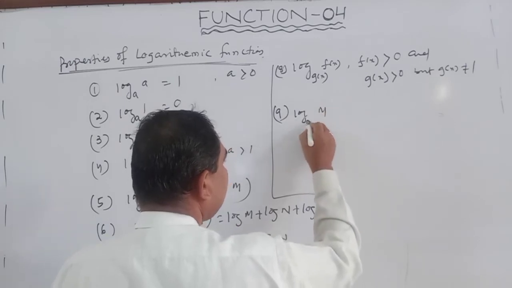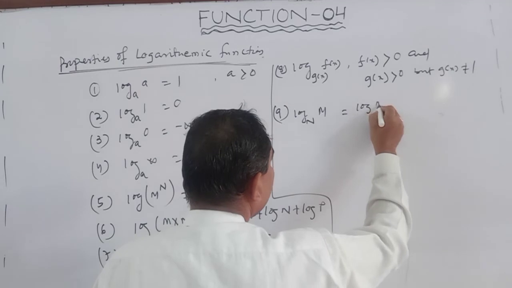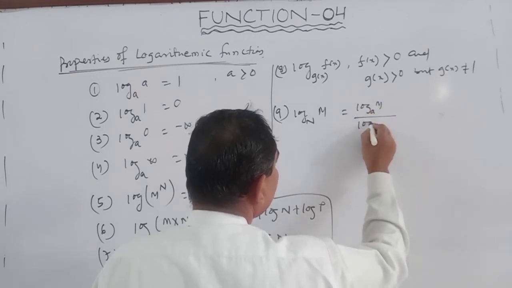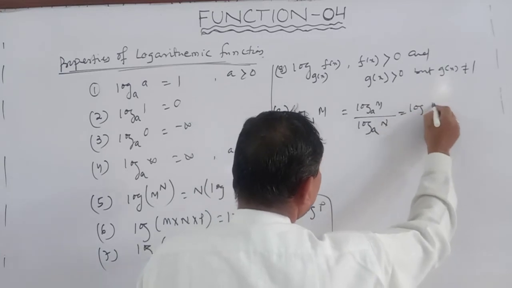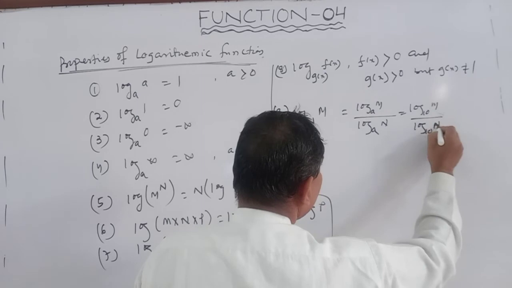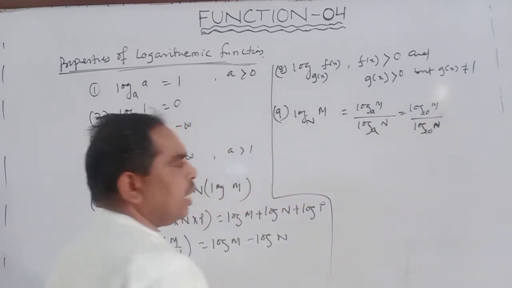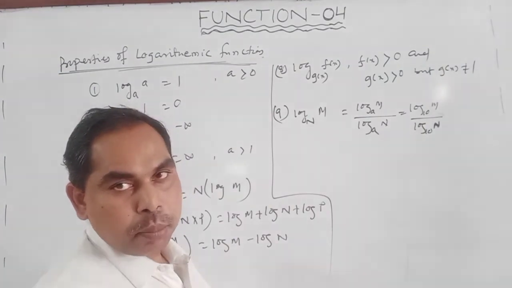9. Log m base n is equal to log of m base a divided by log of n base a, or you may take log of m base 10 by log of n base 10, or any real number, but any positive real number, but not equal to 1.